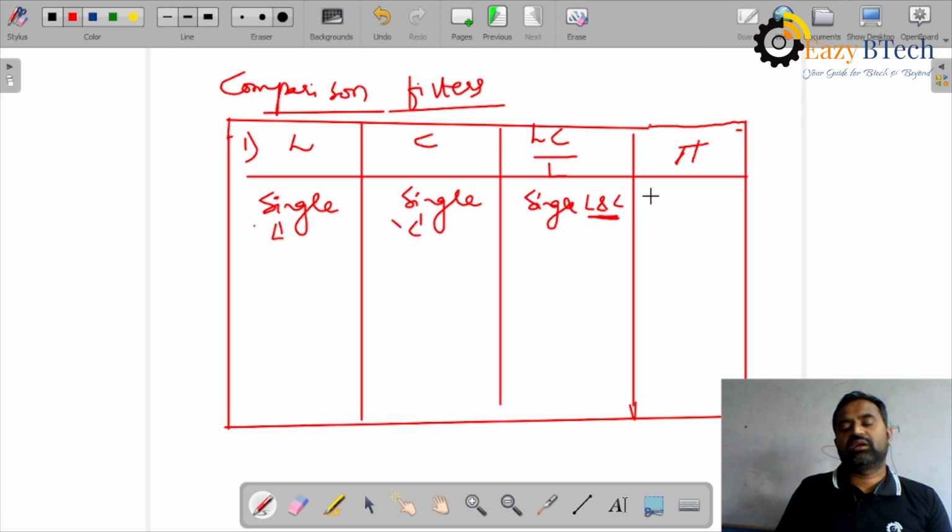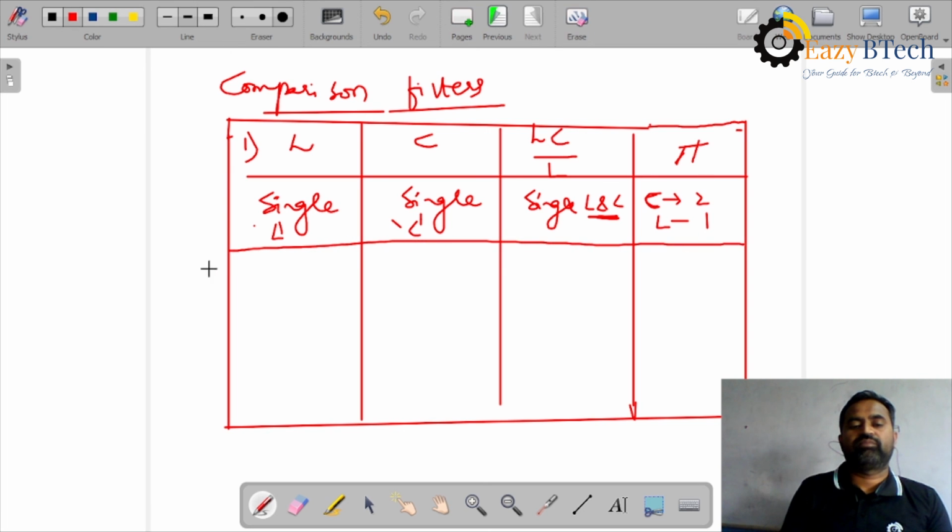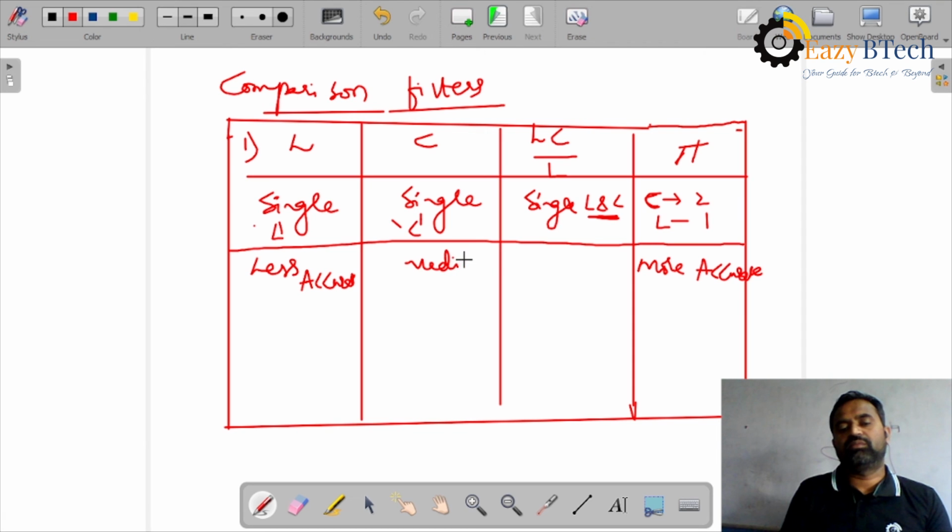Here we are using capacitors 2, inductor 1. More accurate, less accurate, medium. It is also good.